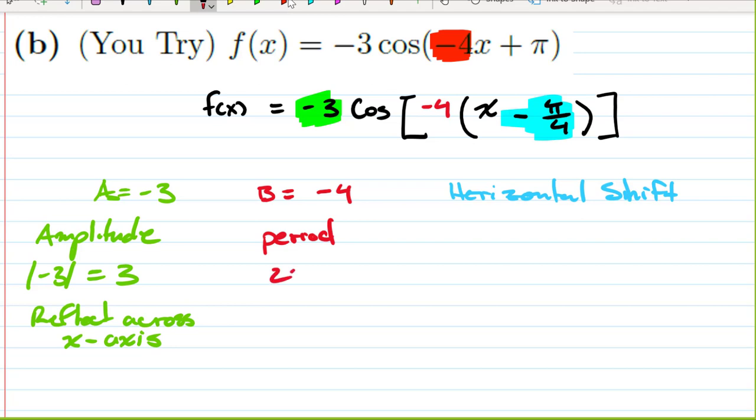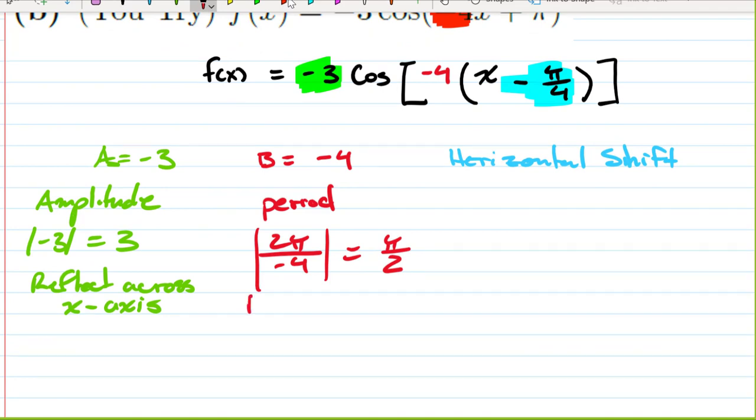So we're going to have 2 pi over negative 4, which is going to be pi over 2. And then this one is going to reflect across the y-axis because it's negative. And then finally, our horizontal shift is we are going to go right pi over 4 units.